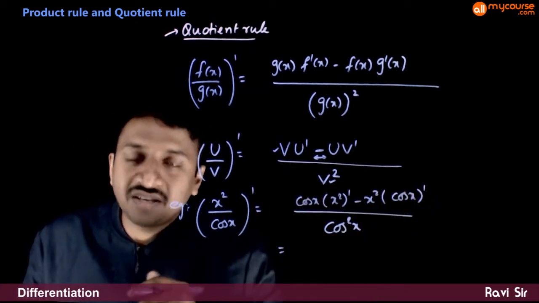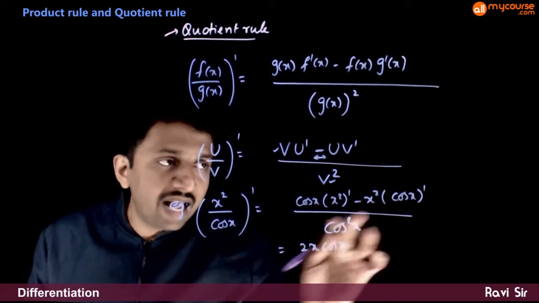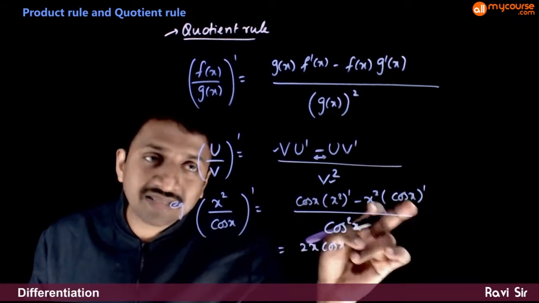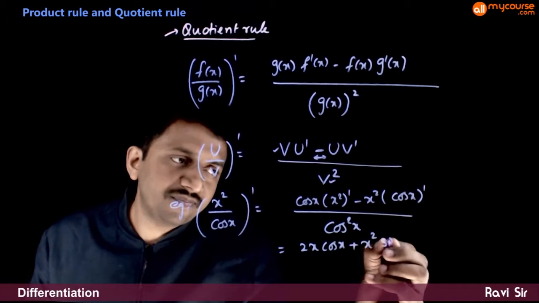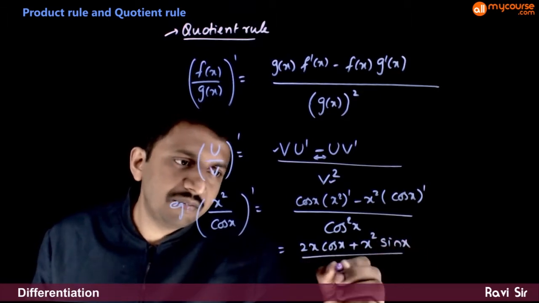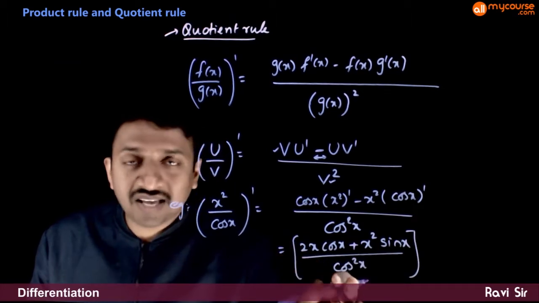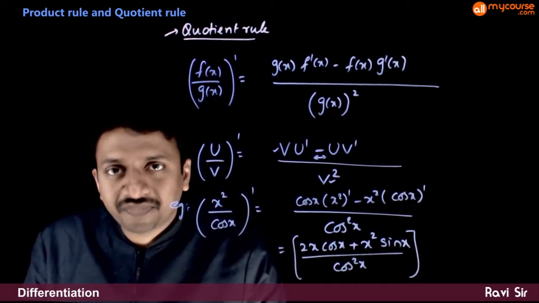So x square's differentiation is 2x, so you get 2x cos x, and cos x's differentiation is minus sin x. So minus sin x into minus, so you get plus x square sin x by cos square x. So this is the differentiation of this function.